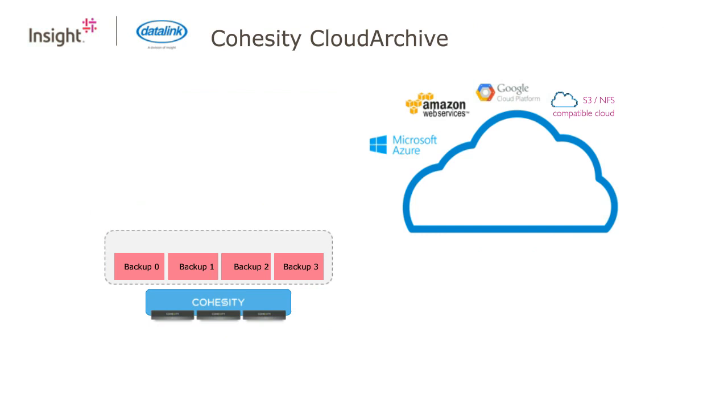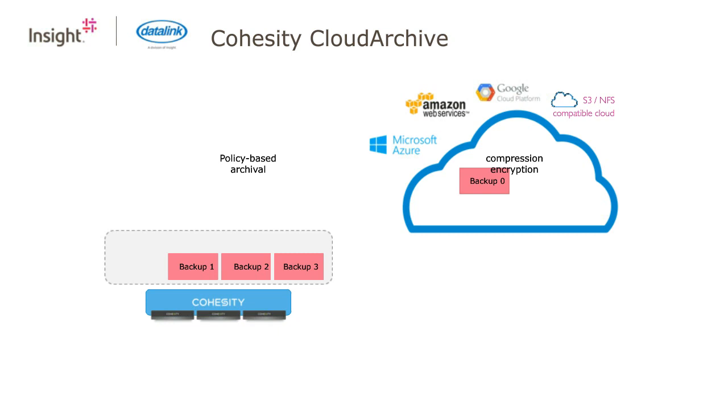So, Cloud Archive. This is Cohesity's offering around taking backup data that I have on-prem and using the cloud as a long-term data retention target for that archive data. You can see here it's policy-based archival, so I can set policies inside of the UI of how long I want to retain that data on-prem versus how long I want to send it off to the cloud for archive.